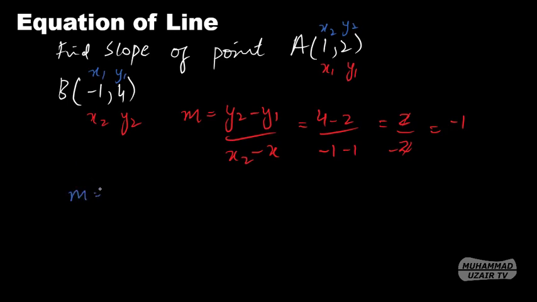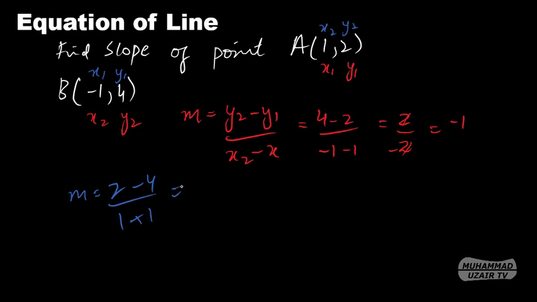By putting values, as this is y2 now, so 2 minus 4, y2 minus y1, divided by 1 minus minus 1, so 1 plus 1.